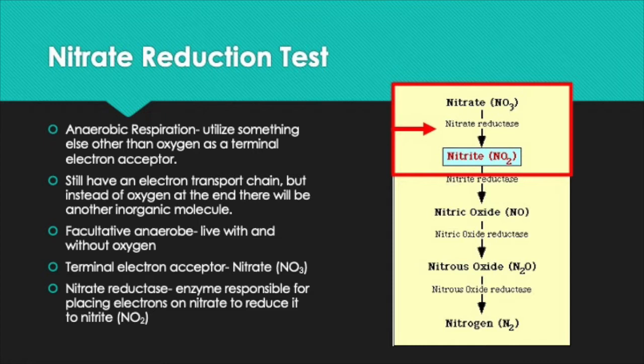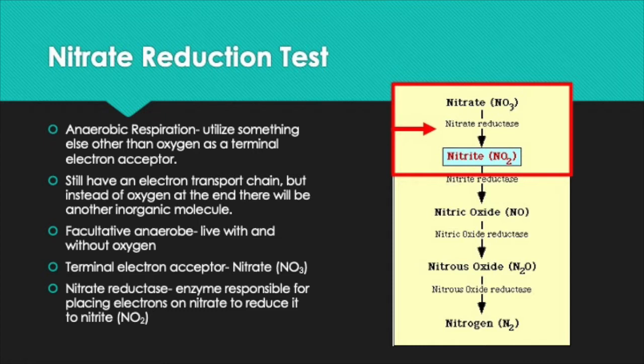So we have our terminal electron acceptor nitrate. Those electrons are added. It's reduced to nitrite. Okay? The enzyme that's responsible for doing this is nitrate reductase. It's reducing nitrate. So nitrate reductase is the enzyme that's responsible for taking the electrons, placing them onto nitrate, and producing nitrite. You produce nitrite and water.